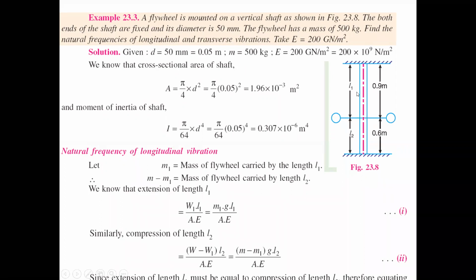So actually it is sharing the flywheel mass. That mass is carried by the total shaft. The L1 length is carrying some load and L2 is carrying some load. So m1 is carried by the length L1, and m minus m1 is carried by the length L2.